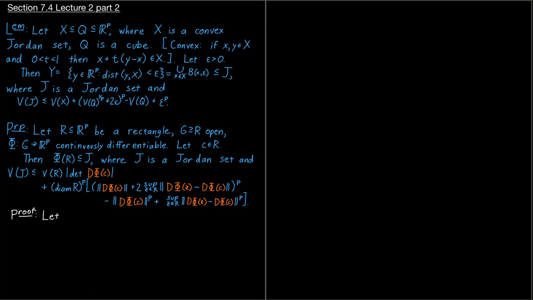Let's let X be this set. We'll take our linear operator d phi of c. Actually, why don't I give this linear operator a name? I'll call it A, which is a lot simpler to write. And let's let X be A of (R minus c) plus phi of c.